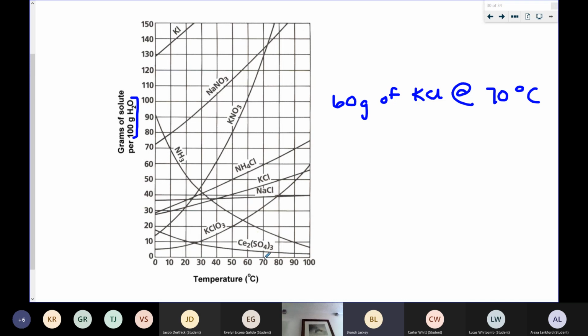Okay, 70 degrees, 60 grams is right here. Now we said we're looking at KCl. So here's the line for KCl. That point of 70 degrees and 60 grams is above the line for KCl. So this would be a supersaturated solution.